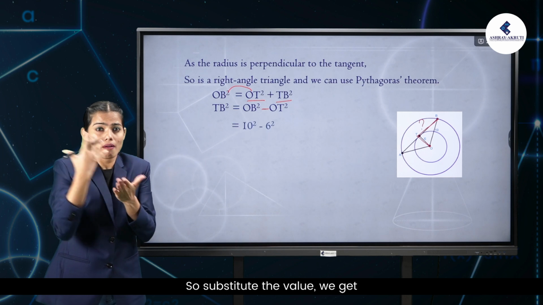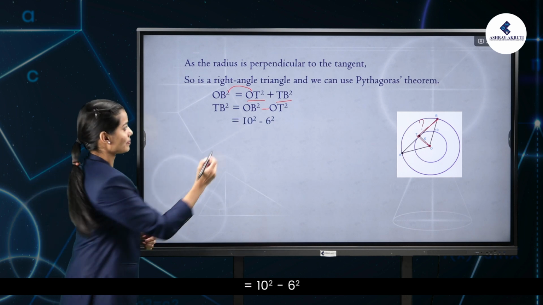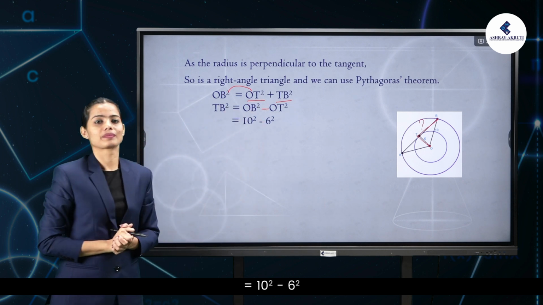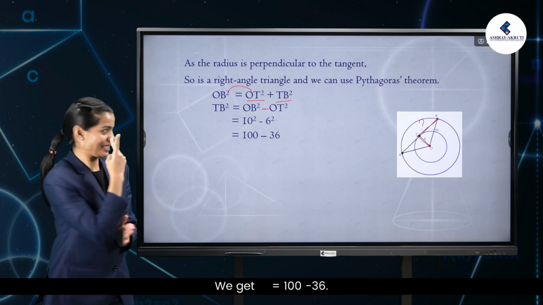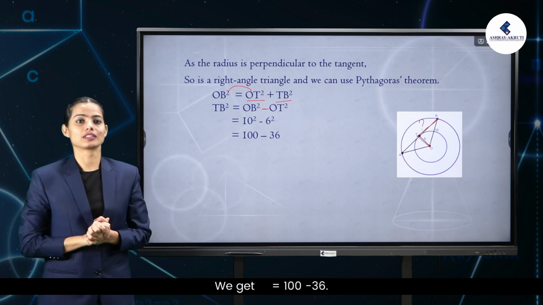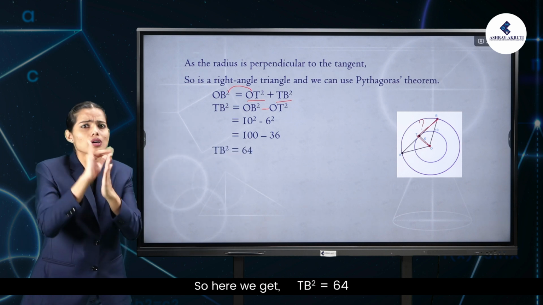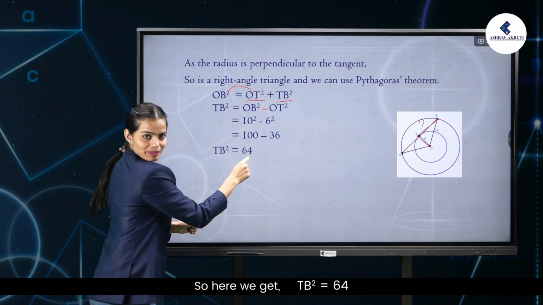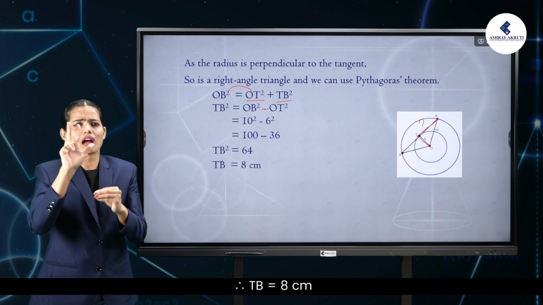Substitute the values, we get 10 square minus 6 square, 100 minus 36. So, here we get TB square is equal to 64. Therefore, TB is equal to 8 cm.